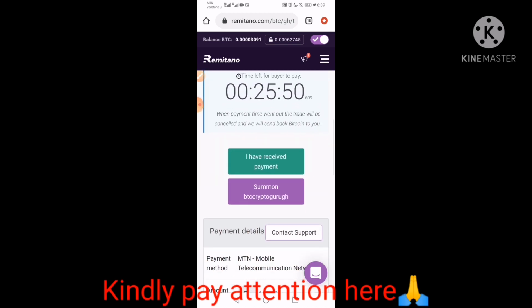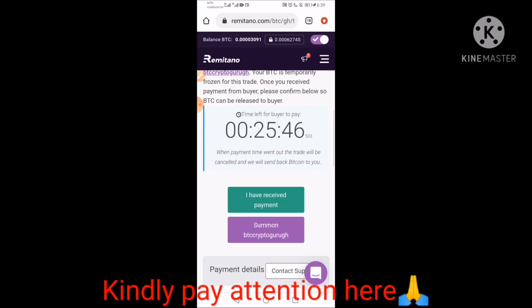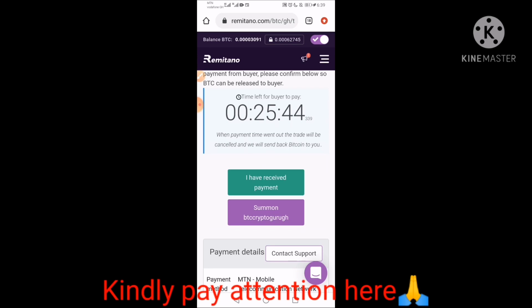If you have not still received the payment, I can now summon the buyer. The previous withdrawal I made, it was very, very easy and very fast. I received it within a period of like 5 minutes. So let's just still wait and see.